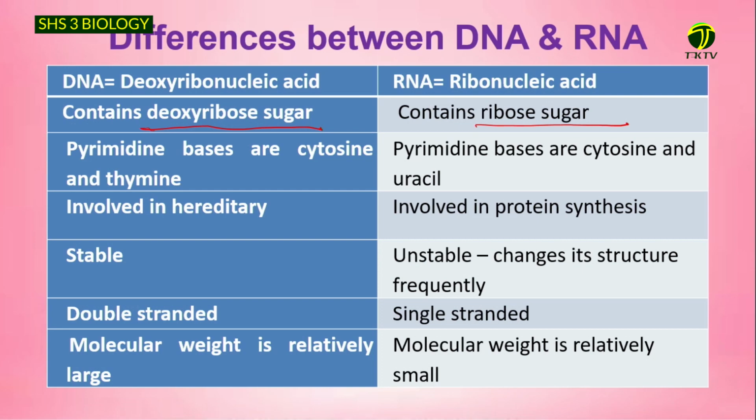Then the type of base, which is basically what makes one block or chain of the nucleic acid different from the other block or chain. As we said, the nucleic acid is a chain. So one chain will be different from the other chain, or one block will be different from the other block, or one region or one portion of the nucleic acid is going to be different from the other portion based on the type of base.